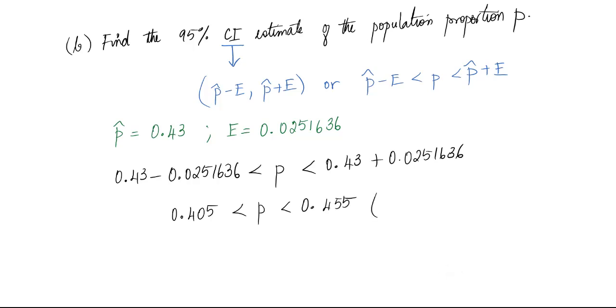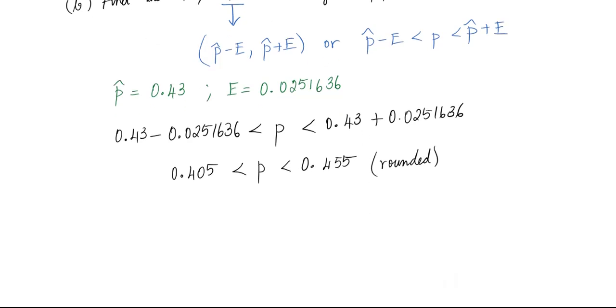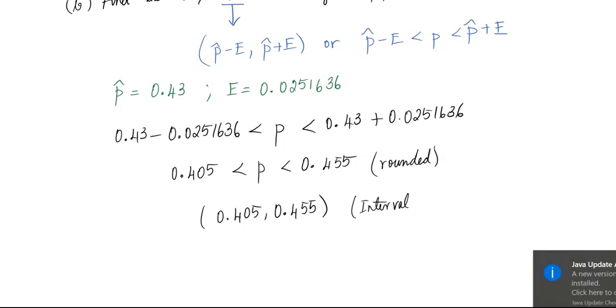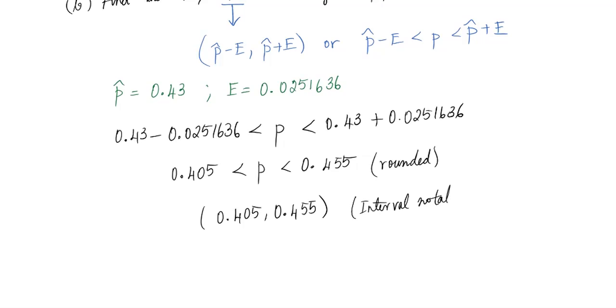Recall this was the opening example I gave you on how to interpret the answer correctly. That was based on this problem. All right, so we found the interval. If you want to put it in interval notation, of course, it'll be 0.405 to 0.455.